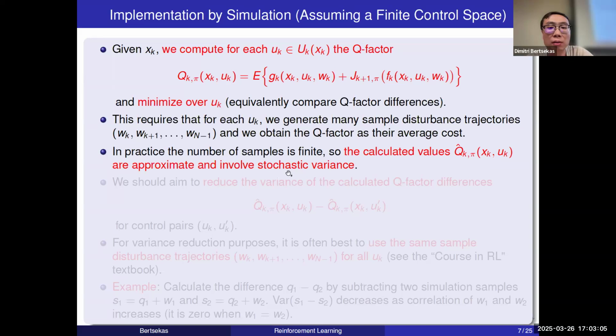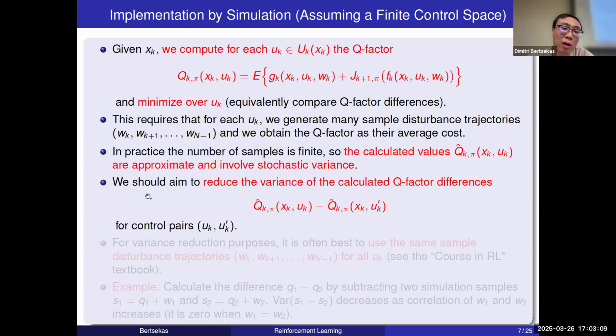That can lead to incorrect selection of the control. As a result, we should aim to reduce the variance of calculated Q-factor differences for control pairs. Given any control pair u_k and u_k prime, we would like to reduce the variance of this estimated value, or estimated Q-factor difference.